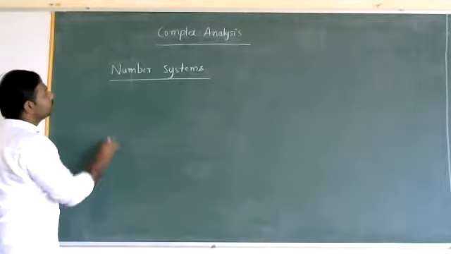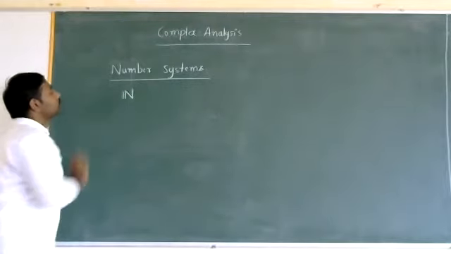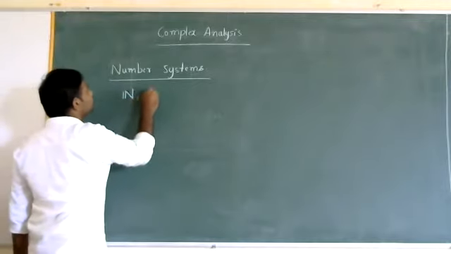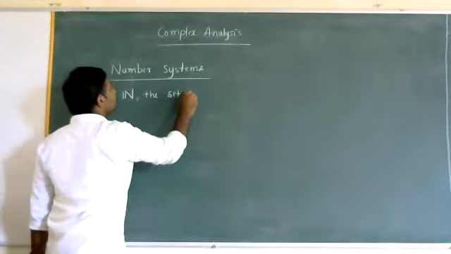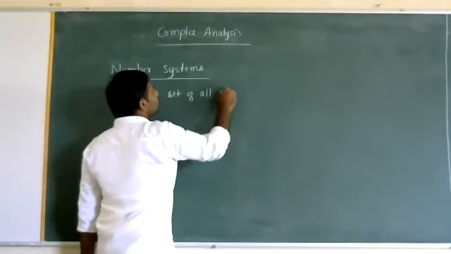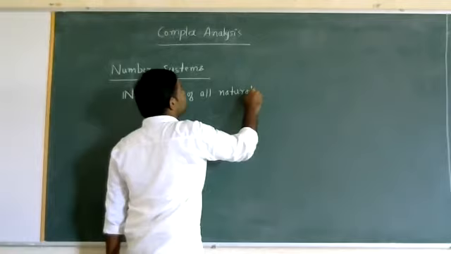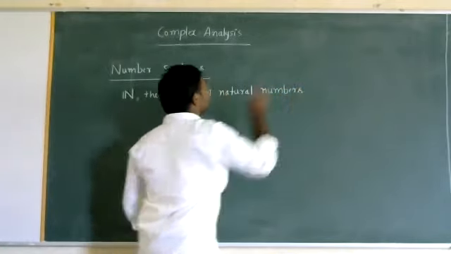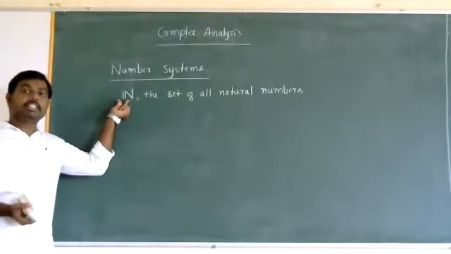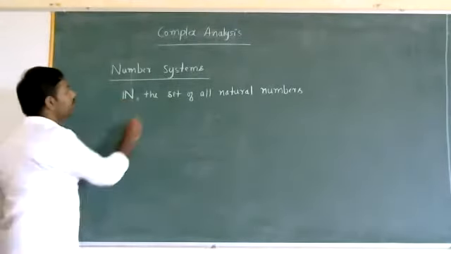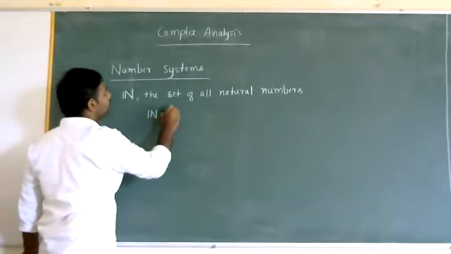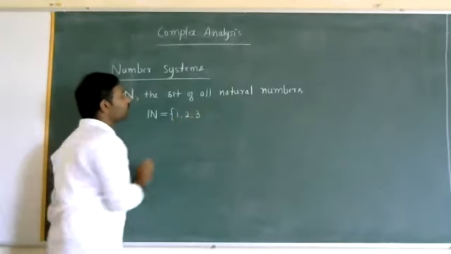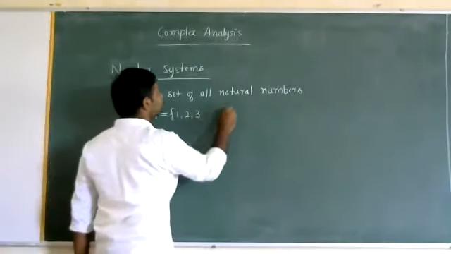So, number systems start from the natural numbers, the set of all natural numbers, which is denoted by script N. This set of all natural numbers consists of the counting numbers 1, 2, 3 and so on.